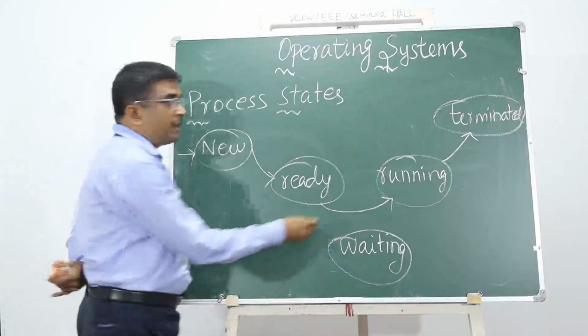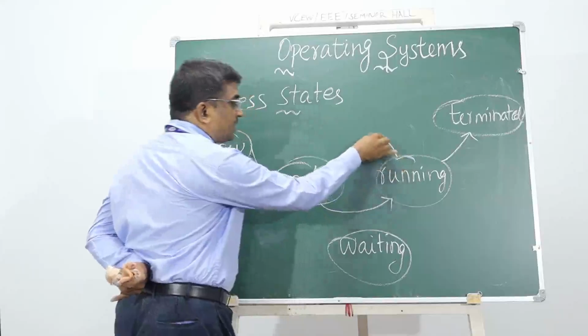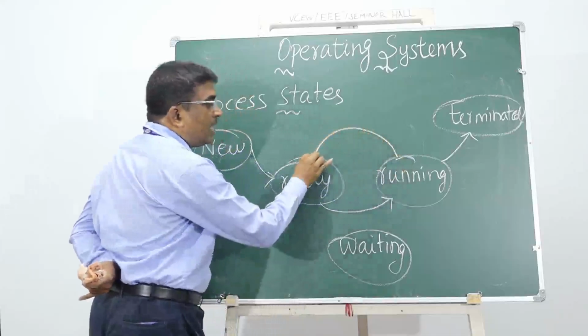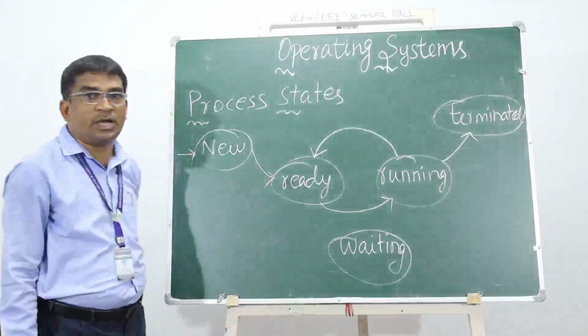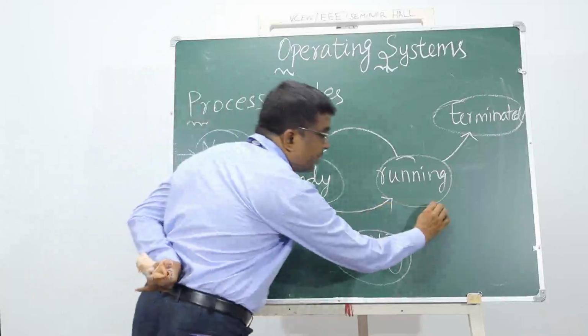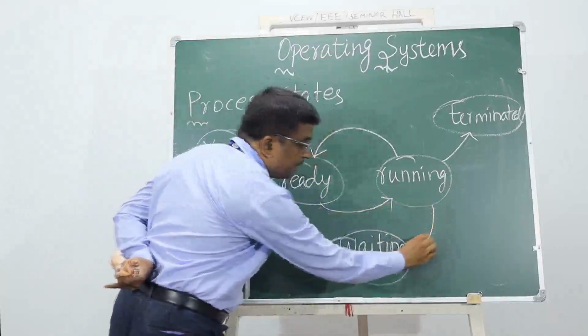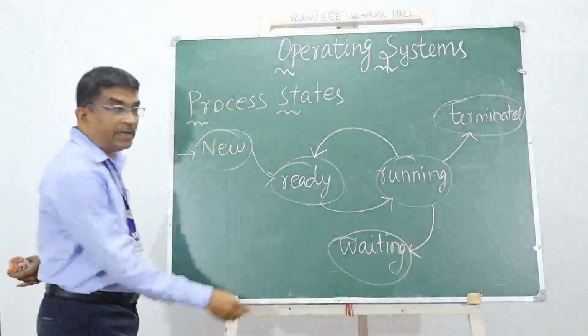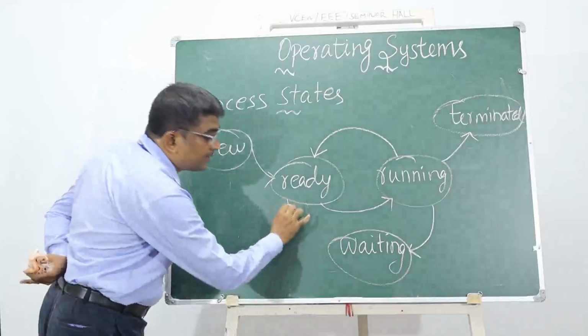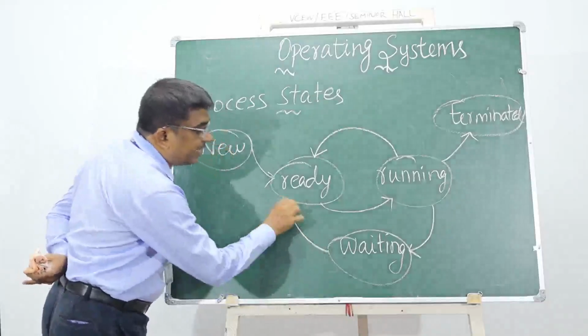Now suppose a running state process is returned back to the ready state, it is called an interrupted process. Also there is a chance that a running state process may go to the waiting state through an input output request, and again it goes to the ready state.